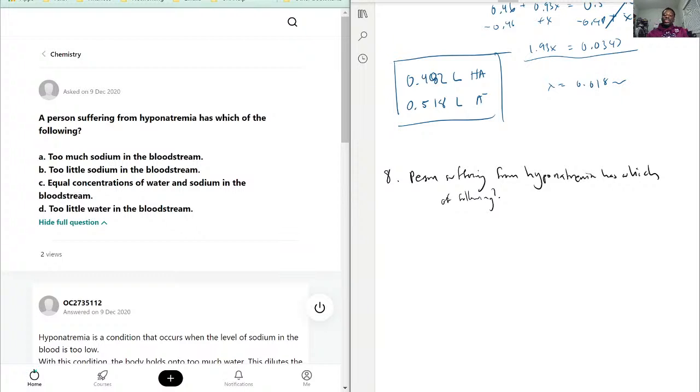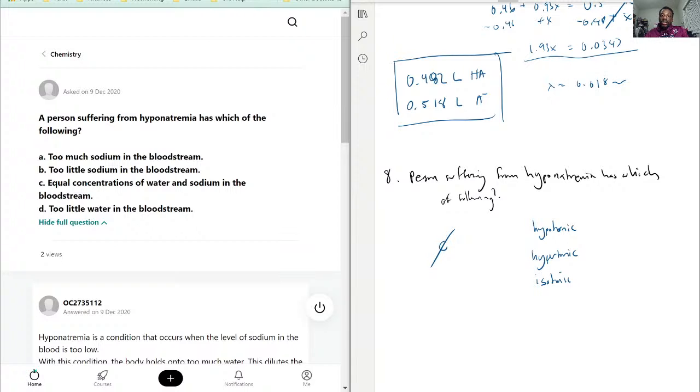Right away we'd actually cross out C. It's not C because if you remember your prefixes, hypo means less, hyper means more, and iso means same. Especially when you're talking about osmosis and solutions, we have hypotonic, hypertonic, and isotonic.